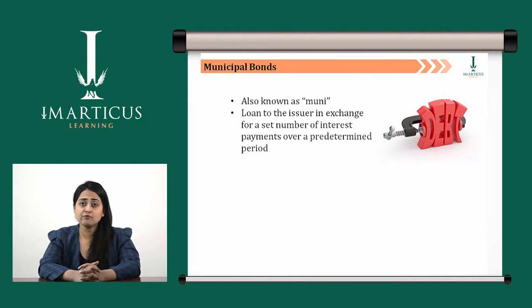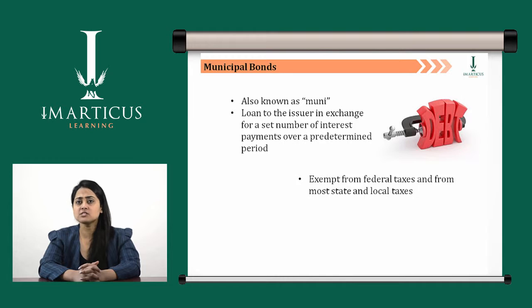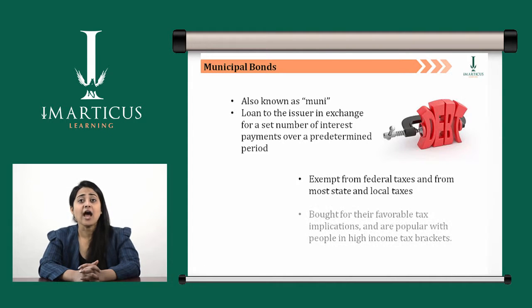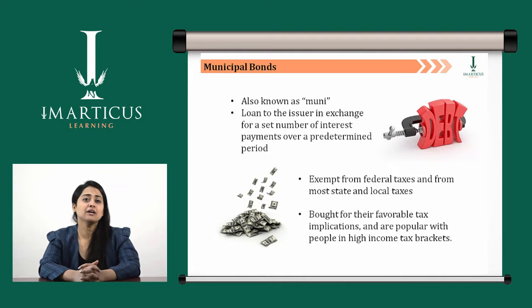They are exempt from federal taxes and from most state and local taxes, especially if you live in the state in which the bond is issued. Municipal bonds may be used to fund expenditures such as construction of highways, bridges or schools. Munis are bought for favorable tax implications and are popular with people in high income tax brackets.